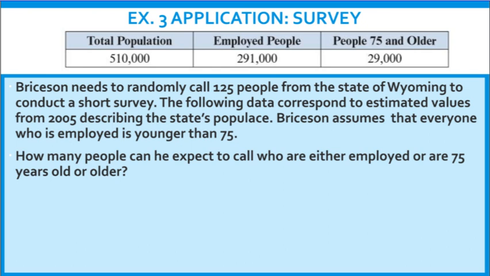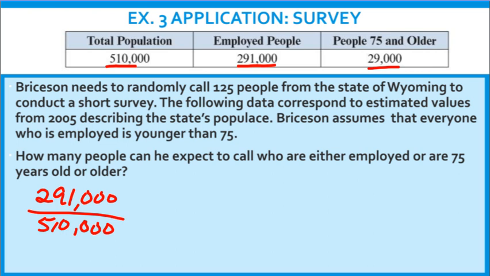So let's look at how many are employed. Since all of our numbers are in the thousands, I'm just going to look at the first parts of the numbers to make it a little bit easier. So the number of people employed is 291,000 out of your 510,000 people.